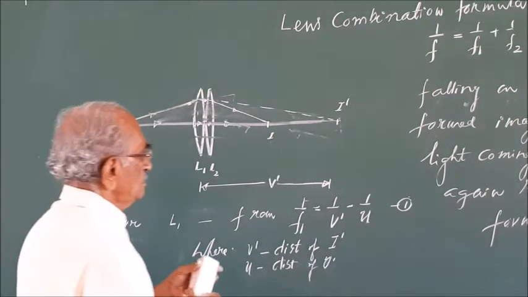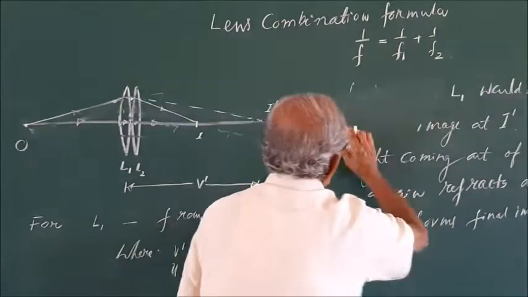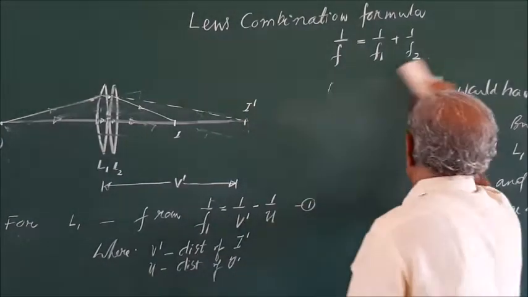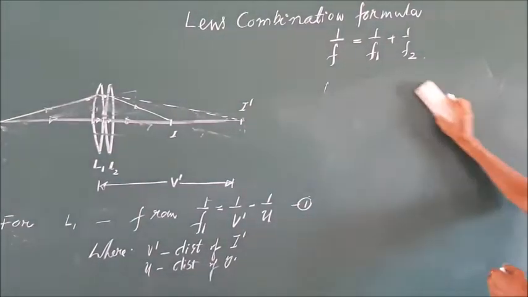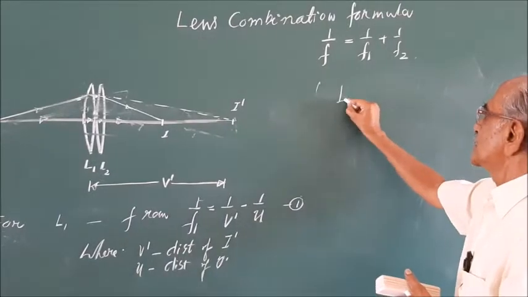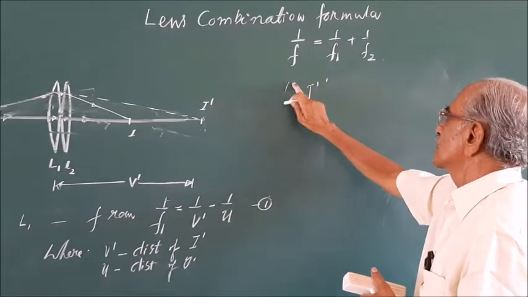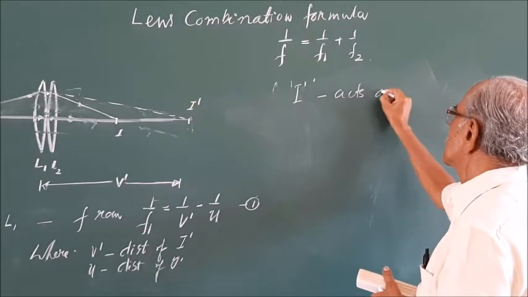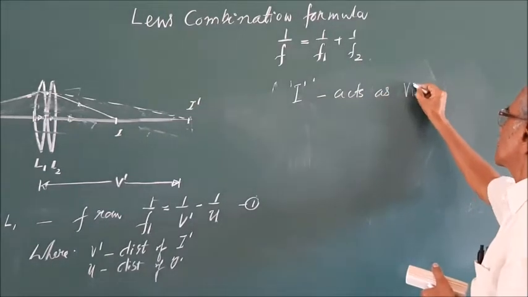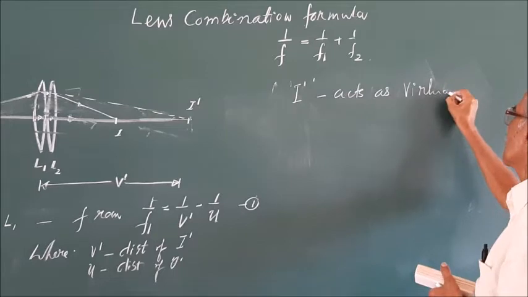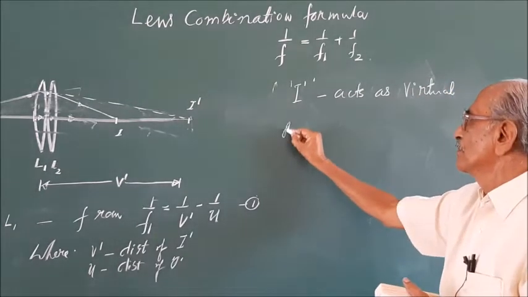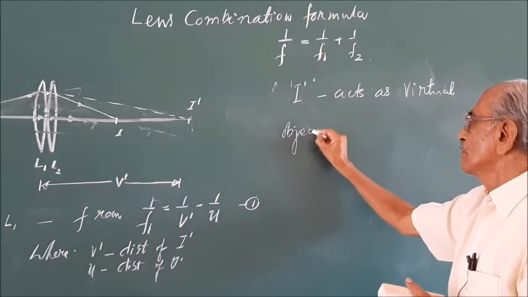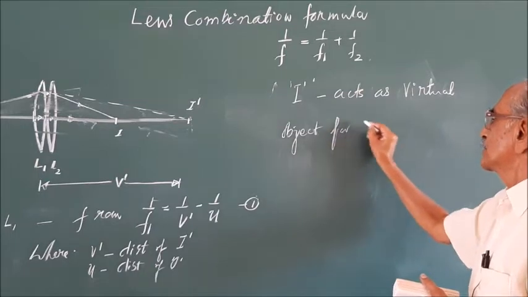Now, I dash, that is the image formed by the lens L1, acts as a virtual object for refraction at L2.